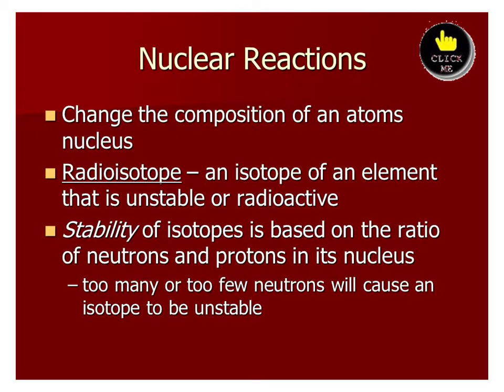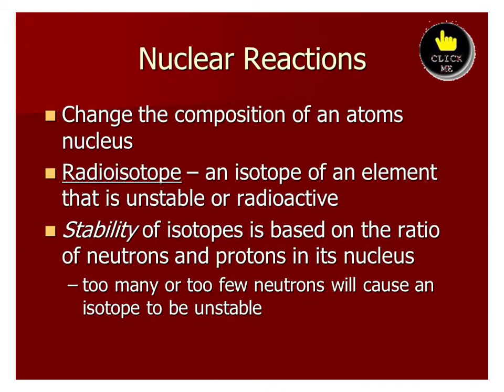The next thing you have to know is a term called a radioisotope. It's an isotope of an element that is unstable or radioactive. Now remember, we talked about isotopes before as having the same number of protons, for example chlorine, but a different number of neutrons.